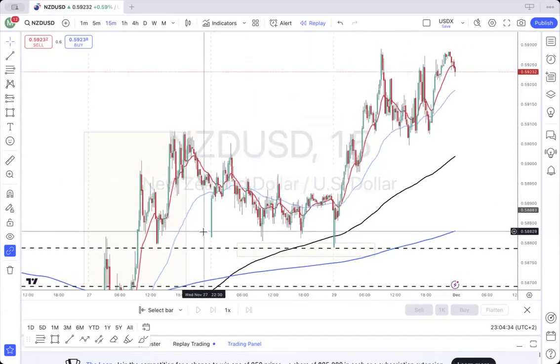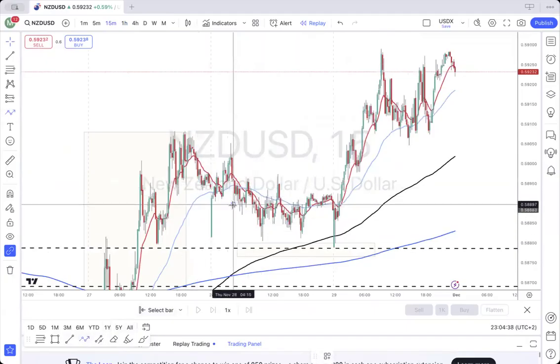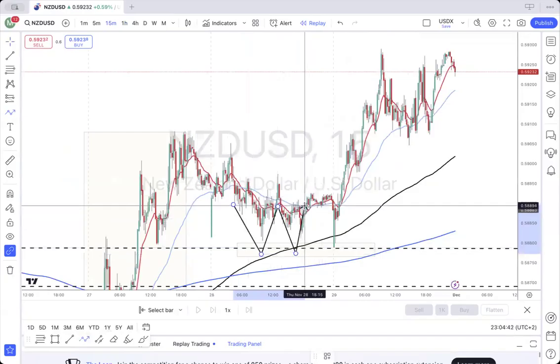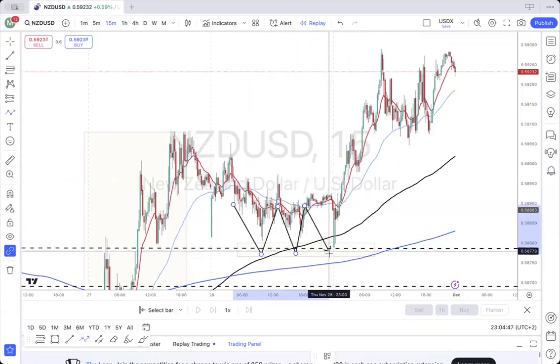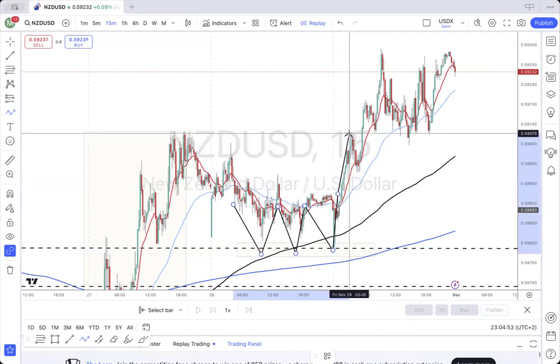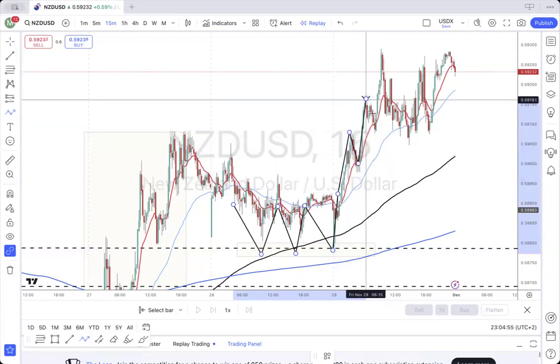With indicators, you've got your nice W there. All right. Your nice W there. And a close on 13 EMA. All right. You've got a third tap and then a close on 13 EMA again, and the market goes up.